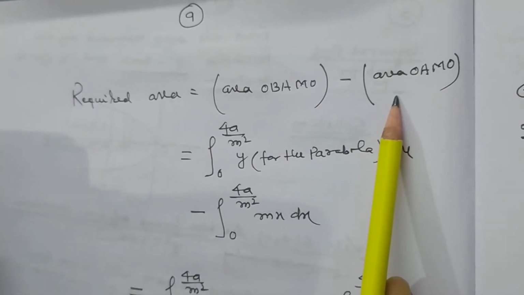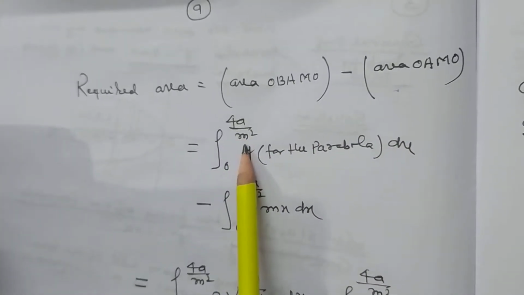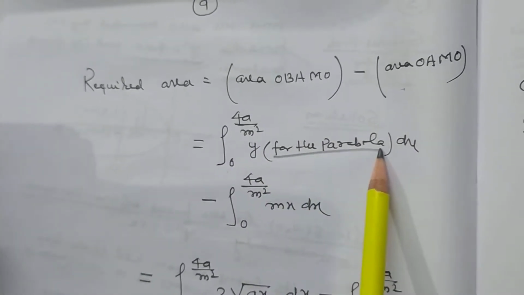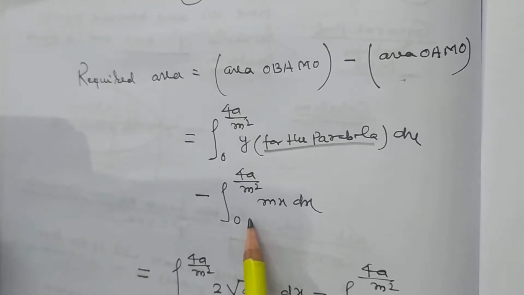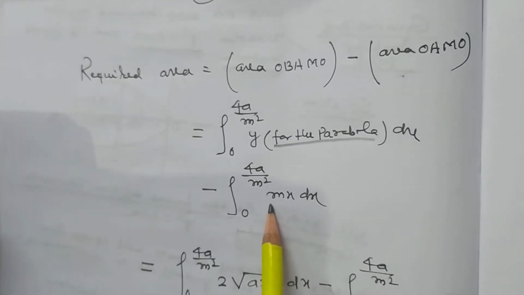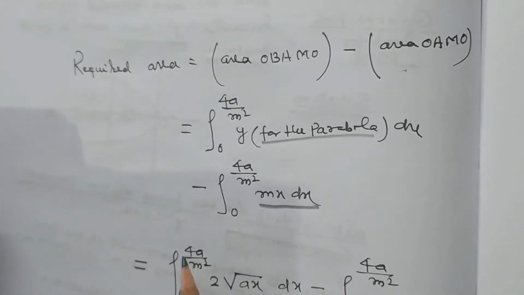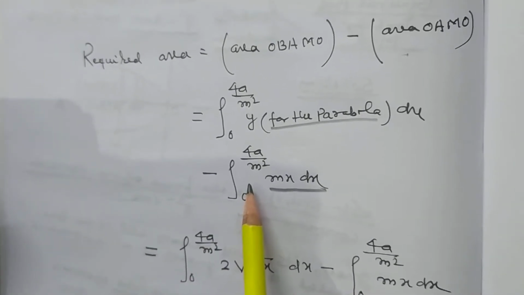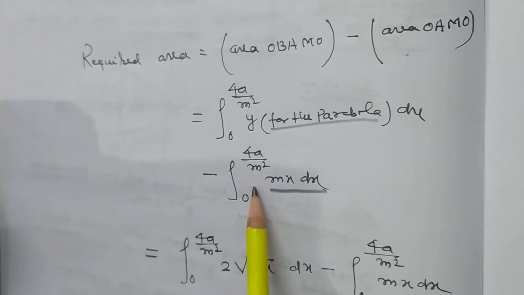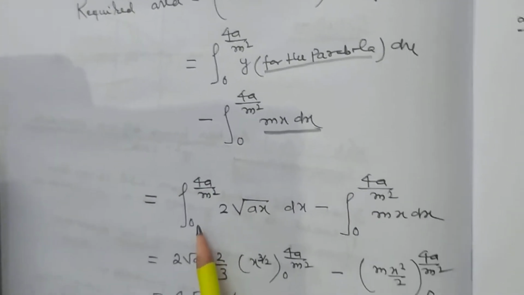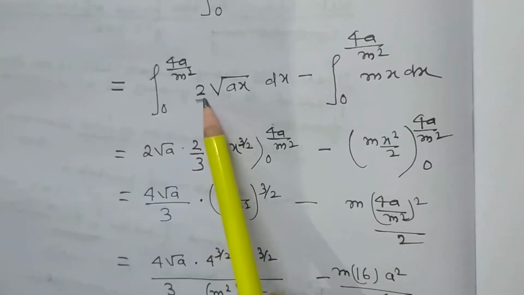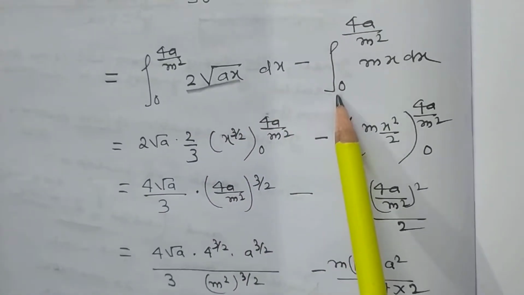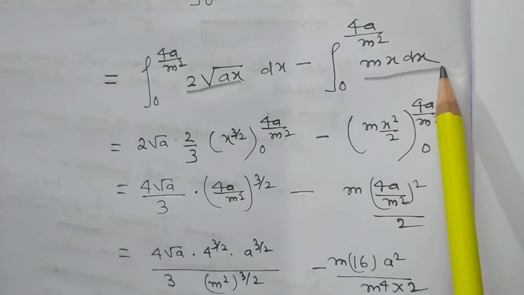So now we integrate from 0 to 4a by m square for the parabola, and from 0 to 4a by m square mx dx, where y is equal to y of the line, you may say. So the area is the integral from 0 to 4a by m square of 2 root ax dx minus the integral from 0 to 4a by m square of mx dx.